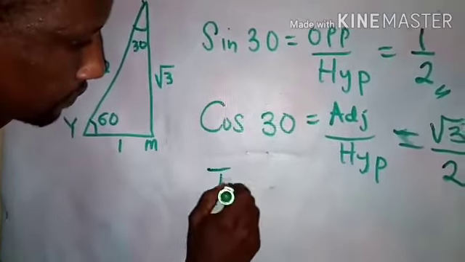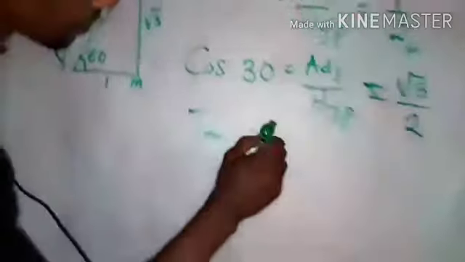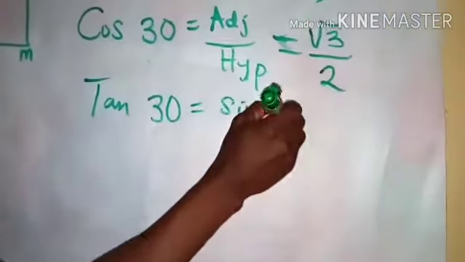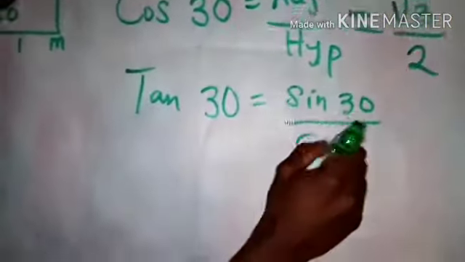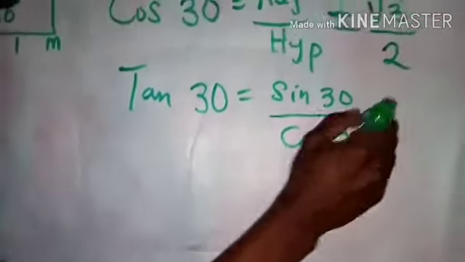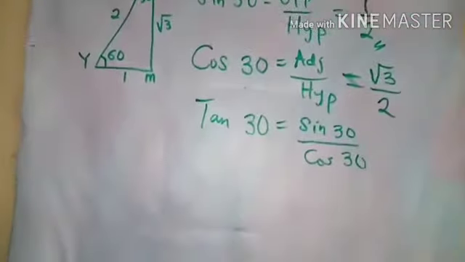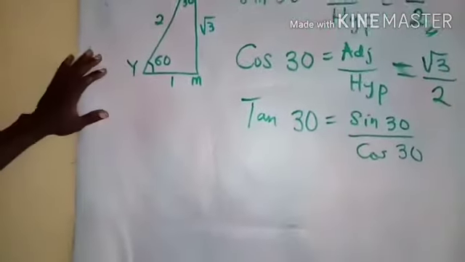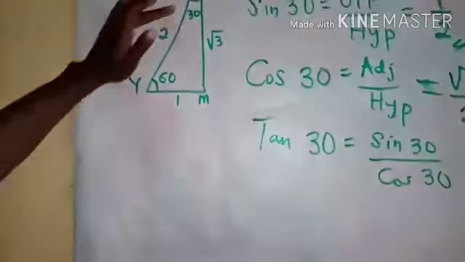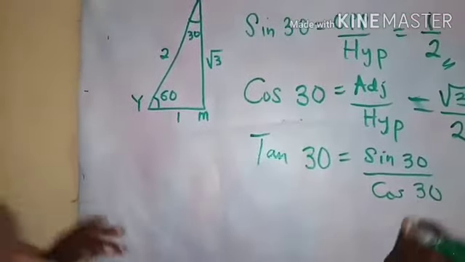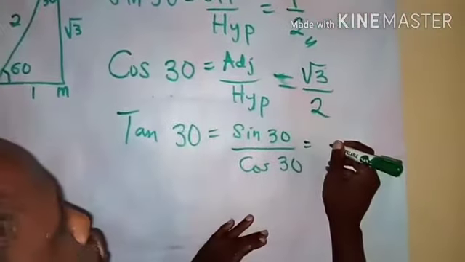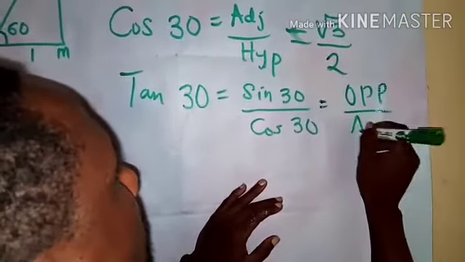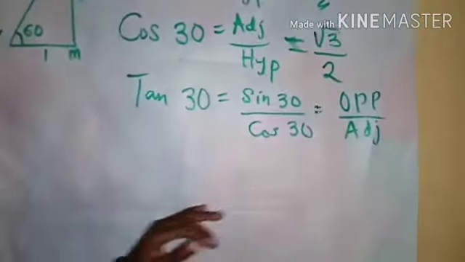Then tan 30 equals sin 30 over cos 30. For what we have, tan 30 is the same as opposite over adjacent.